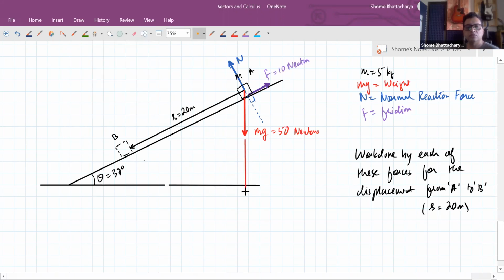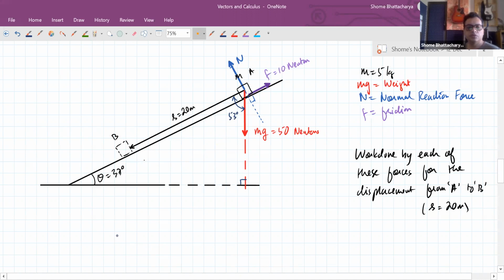So if we extend these two lines, you'll see we can construct this right angle triangle here. So now we can understand that this angle here will be the complement of this angle. So it will be 53 degrees.